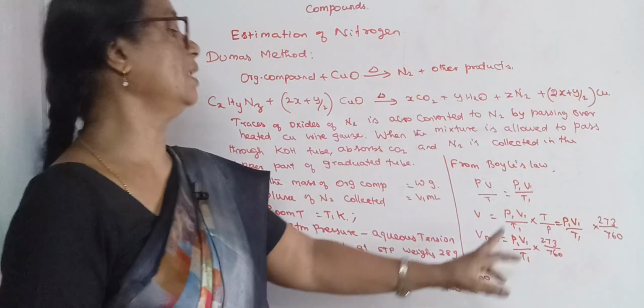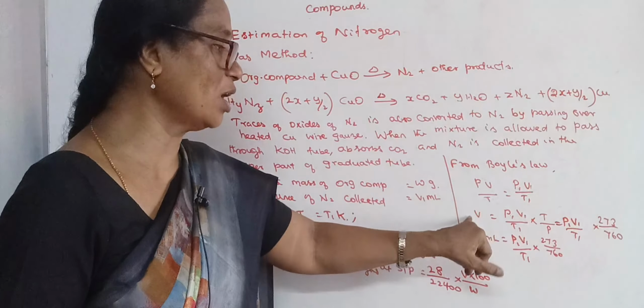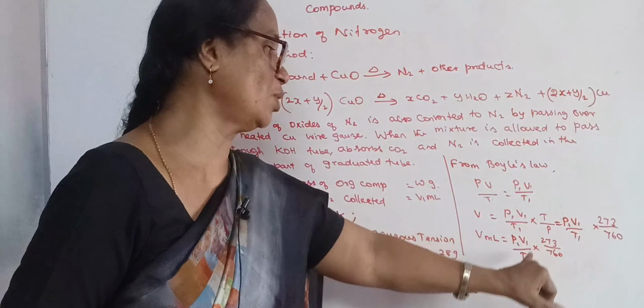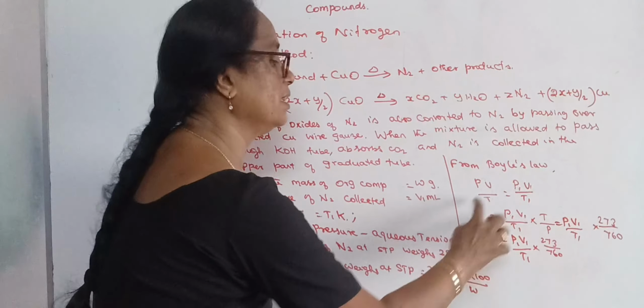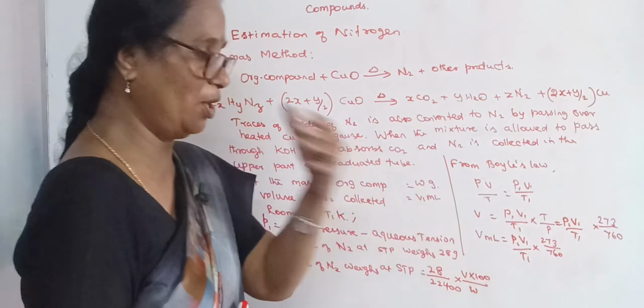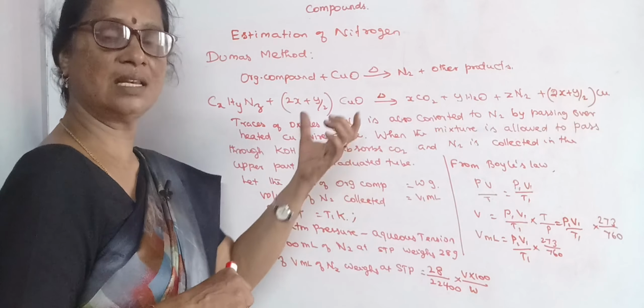So, we know the STP conditions of pressure and temperature. So, you can find the volume of nitrogen collected: V is equal to P1 V1 by T1 into 273 by 760. Let it be V mL of nitrogen collected. And here I have P1. P1 is the pressure due to the gas liberated.